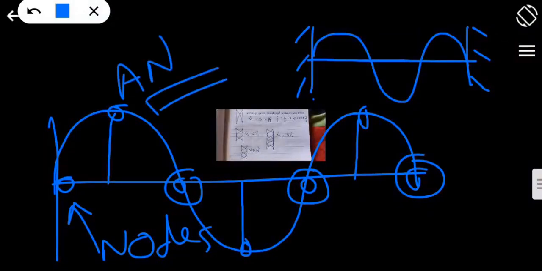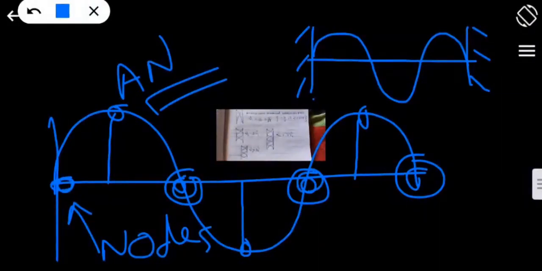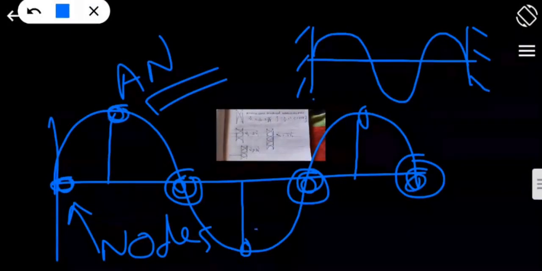So the zero points are nodes and the maximum points are antinodes.